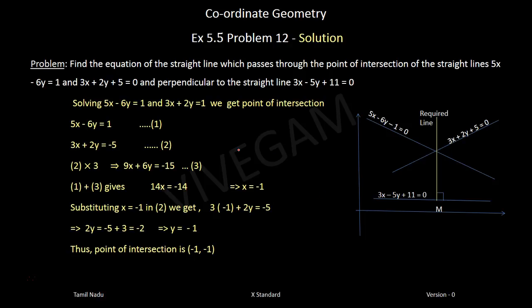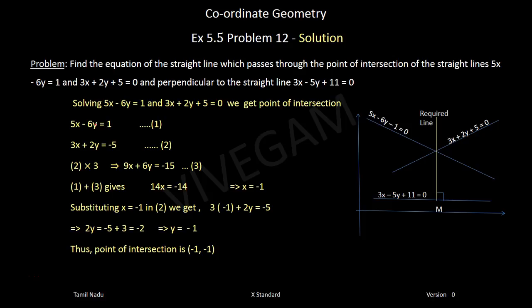Now let's solve these two equations, 5x minus 6y equal to 1 and 3x plus 2y plus 5 equal to 0. So we'll write equation 1, 5x minus 6y equal to 1, and equation 2, 3x plus 2y equal to minus 5. If you multiply equation 2 by 3, you will get 6y.